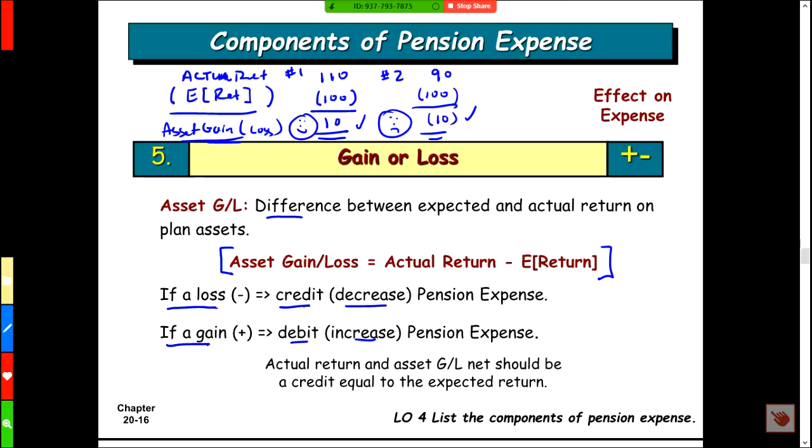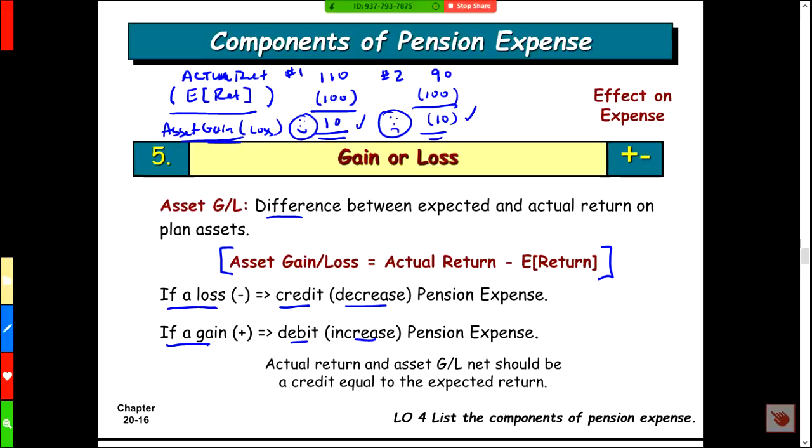This will seem counterintuitive, especially since we just did actual return: negative actual return increases pension expense, positive actual return decreases it. You'll see it more as we go through the problems, but basically this asset gain or loss was designed to offset too much of a positive return, too little of a positive return, or a negative return.